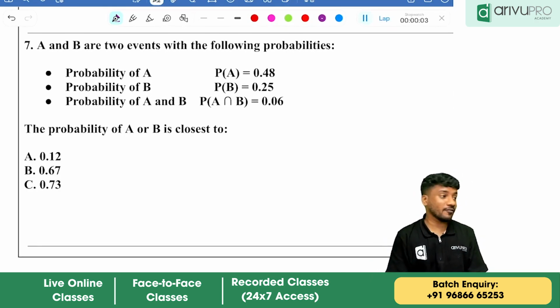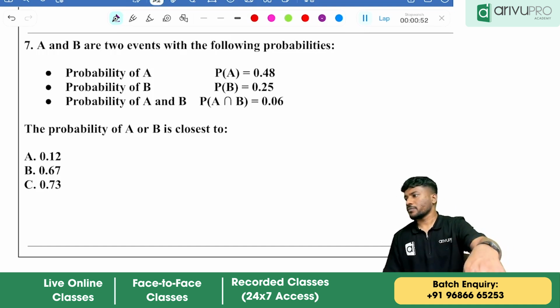Probability of A or B. Whenever they ask A or B, I told you what the method is: find P of A union B. Okay, get me the answer. Got the answer? Yes. So, how to do this?